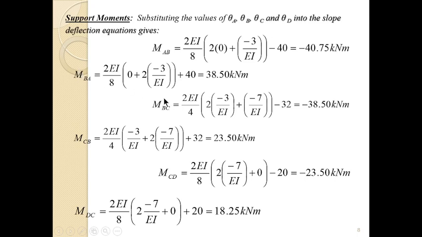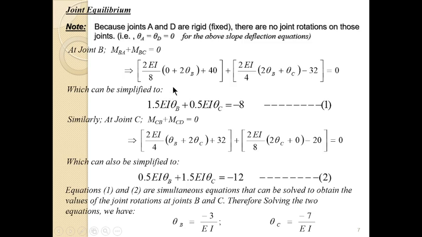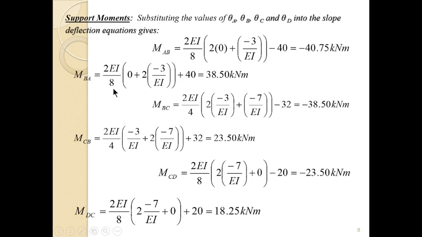Remember that the first equation we derived says MBA plus MBC equals 0. So if you come here, this is MBA, 38.50, and this is MBC, minus 38.50. If you add this plus this, it will give you 0. So that means we are correct. That means at joint B, this plus this equals 0.